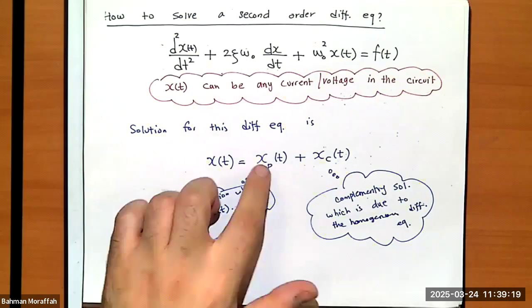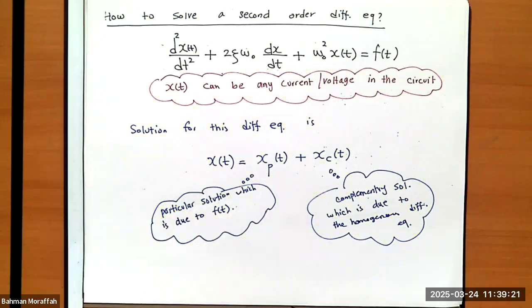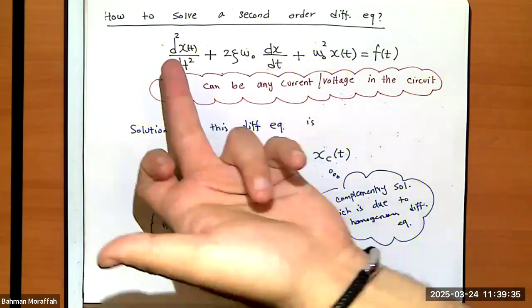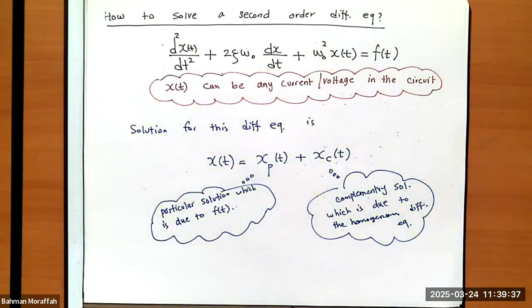Let's talk about the particular solution quickly. Just like the first order, finding the particular solution is by guessing. You have to guess what your solution is. And since that is the solution of this differential equation, it must satisfy this differential equation over here. We're going to plug it in there, and we're going to find what that function is. In general, doing this is very difficult.